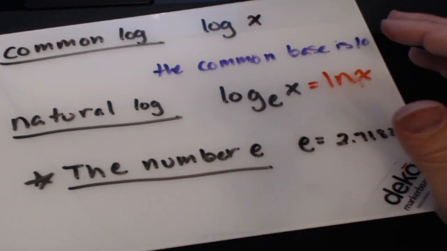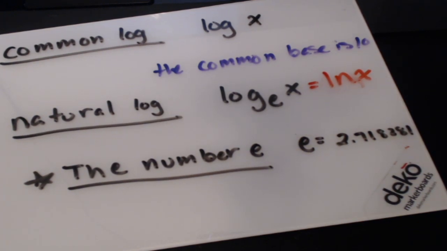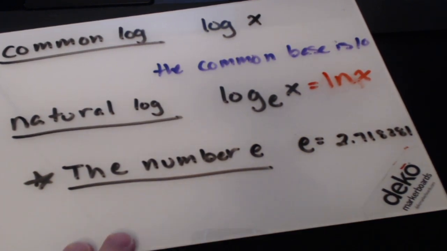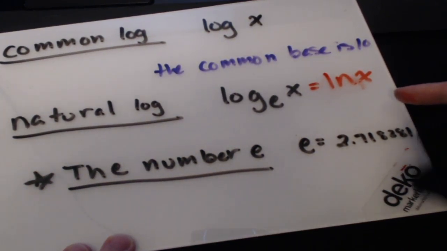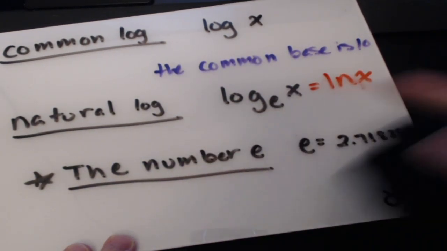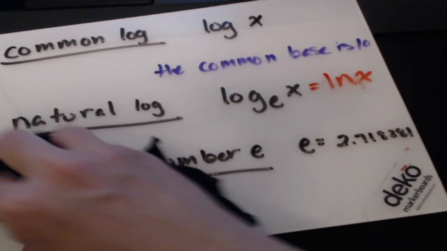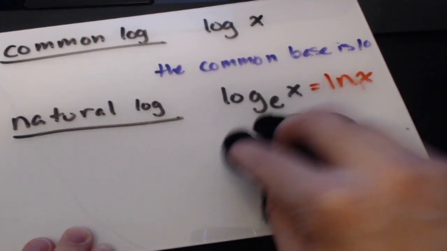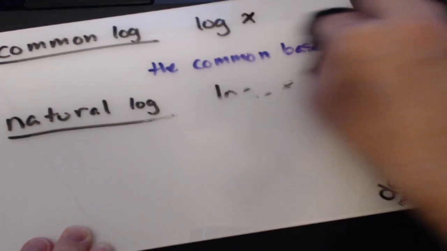So we do have that knowledge, and that's pretty helpful to us. And the good news about natural log is because it's a logarithm, it holds all the exact same properties. You don't have to learn anything new to deal with natural log. It is all working the same. You just have a different base.